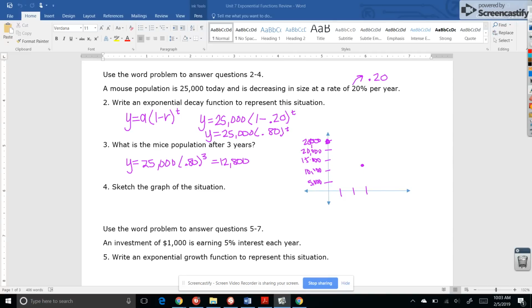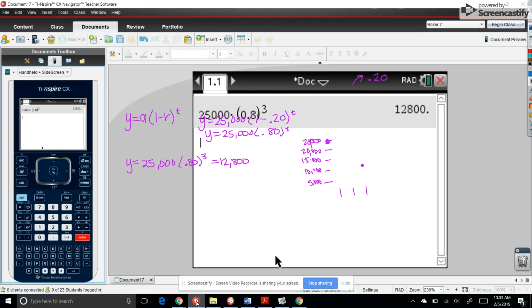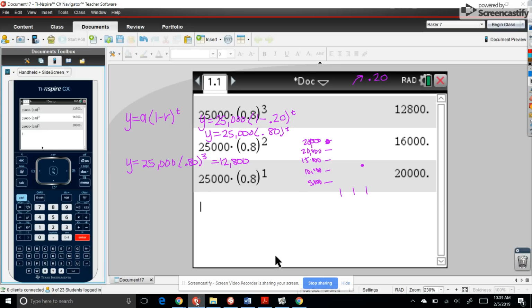I'm going to get some more points. So I'm going to plug in a 1 and a 2 and just see what happens. So same thing. Change that to a 2, that to a 1. So 16,000 and 20,000 for 1 and 2.